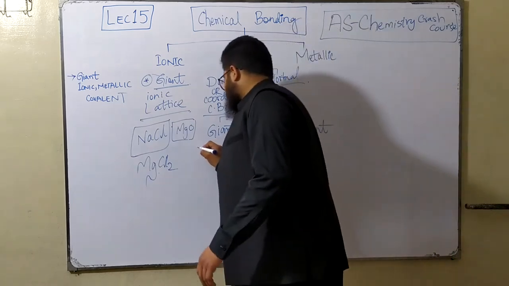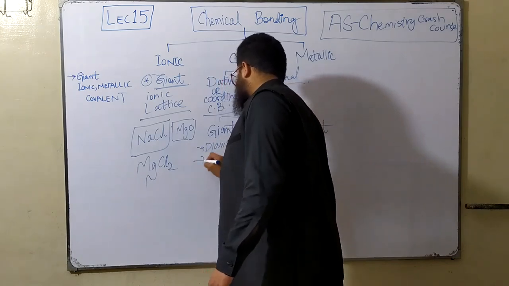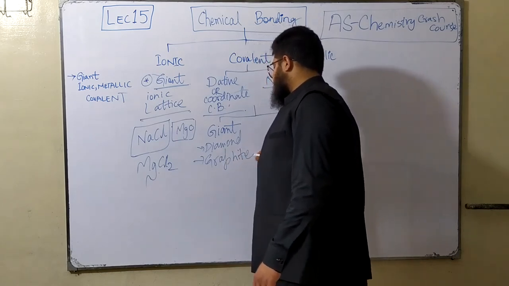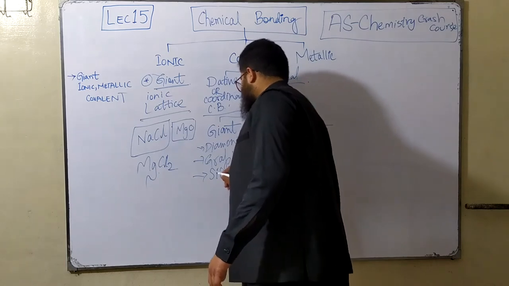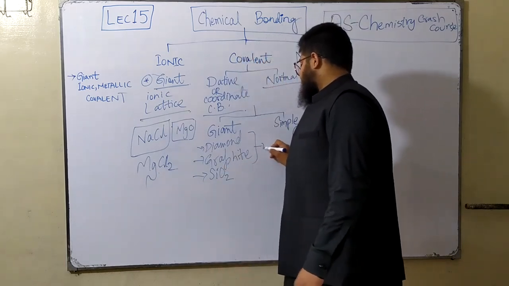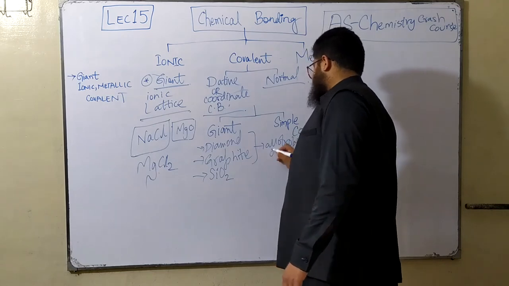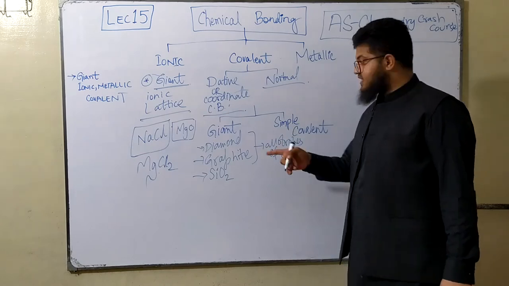The giant ones include diamond and graphite, both allotropes of carbon. I hope you remember what allotropes were: alternative forms of the same element. Silicon dioxide, SiO2, is also a giant covalent structure.